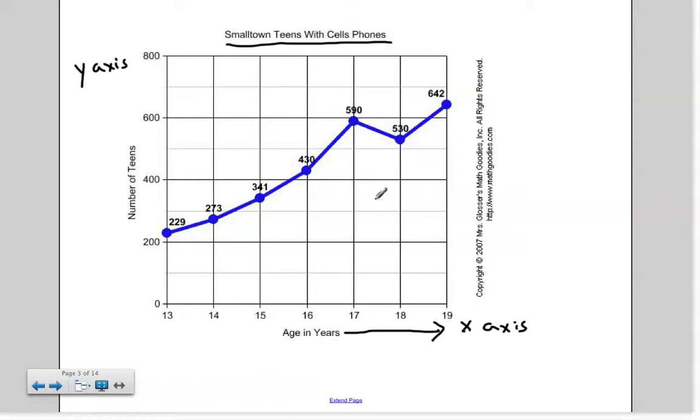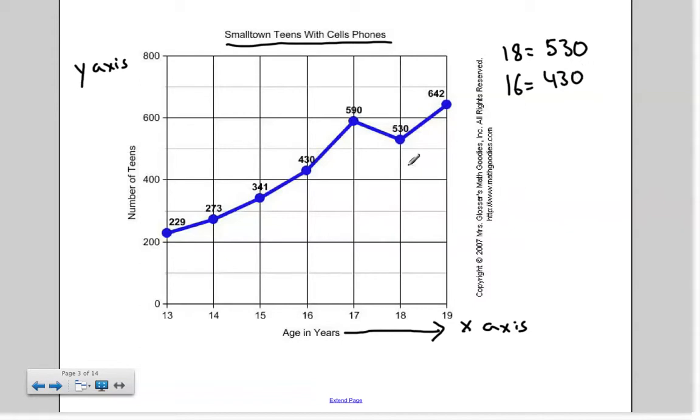So if I were to say 18-year-olds have more cell phones than 16-year-olds, you would say Mr. Elkin is right, because 530 18-year-olds will have cell phones, while only 430 16-year-olds have cell phones.